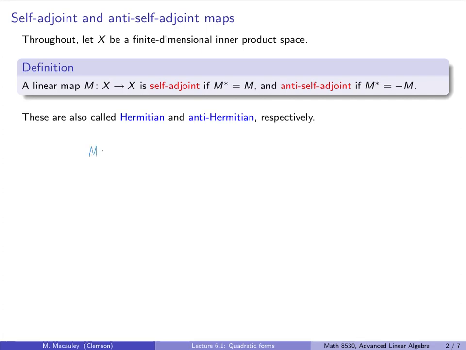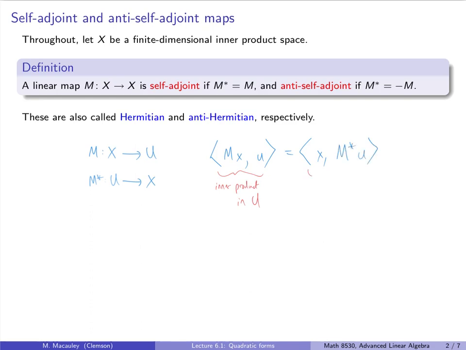So if M is a linear map from X to possibly another vector space U, here we will assume that X and U are the same, then the adjoint is a linear map from U back to X, and it has the property that if you take the inner product of MX and U, so this here, notice this is an inner product in the vector space U, then that is equal to the inner product of X with M star U.